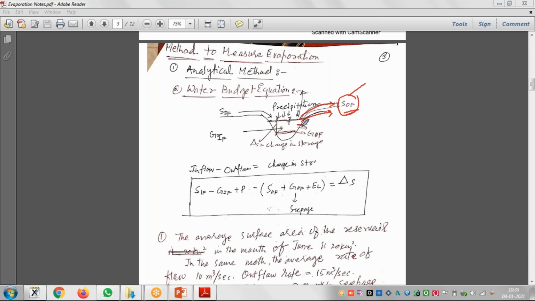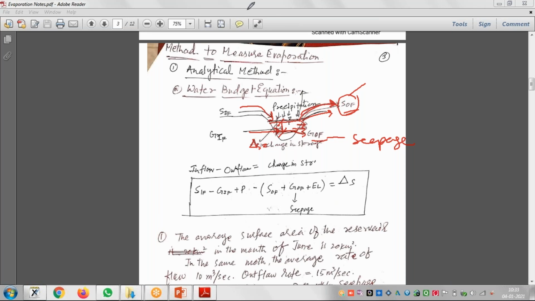Then some amount of water is lost, that is called ground outflow, meaning seepage loss, right? Now see, some amount of water is coming in, some amount is going outside, so there is some change in storage. This depth we will say is the change in storage, so delta S.